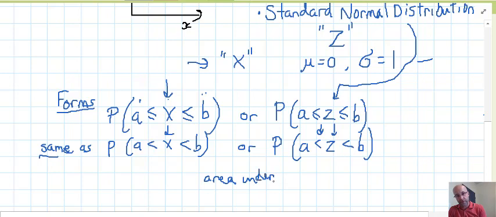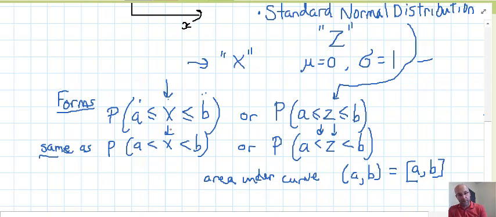Think of your calculus and the integration that you've done. Basically the area under a curve in this situation is the same as in that situation. So they produce the same area, so they are one and the same.